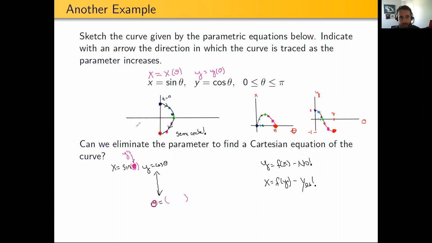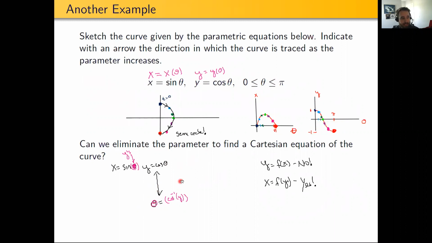So to do this, we have to recognize that if y equals cosine of theta, then theta should be expressible as the inverse cosine or arc cosine of y. Check. And it's worth pointing out that our restricted domain here is absolutely necessary. When we turn from y equals cosine of theta to theta equals inverse cosine of y, the cosine function is not normally invertible, but it is invertible on this restricted domain from 0 to pi.